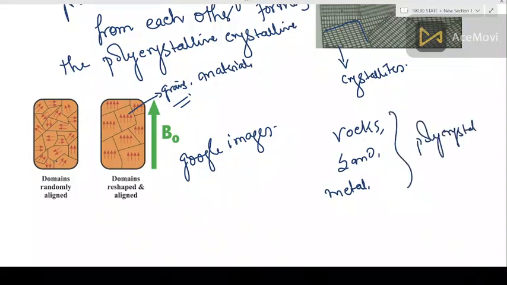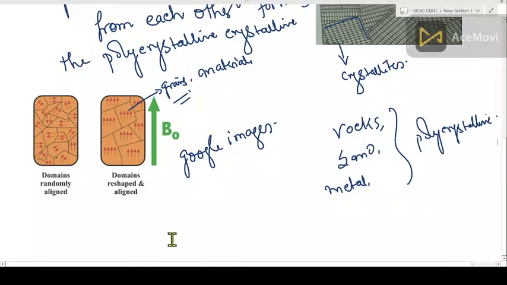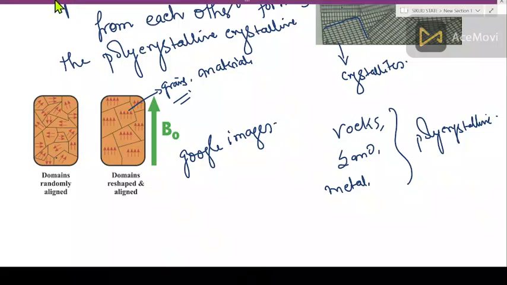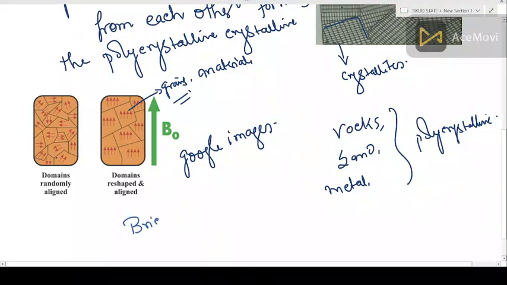Now, one important and very interesting thing is that a polycrystalline structure can be built into a single crystal structure under suitable conditions. And this example is again very relevant if you have seen bricks that are used for constructing houses and buildings. Why am I giving this example?